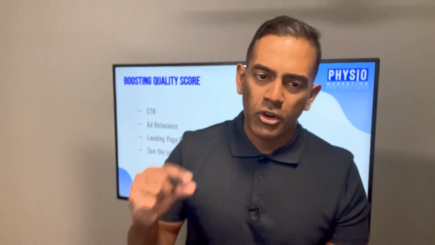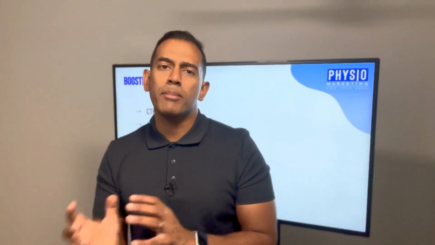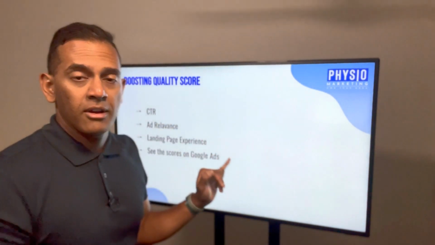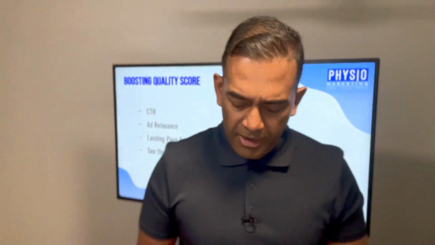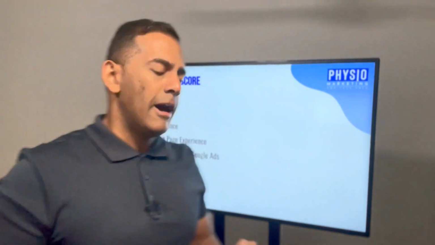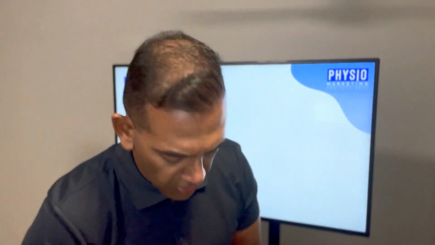Creating very specific ads for people that search is absolutely necessary, because it's a quality score component. So if you have something like physio for knee pain, make sure your ad addresses that. The third part is the landing page experience.